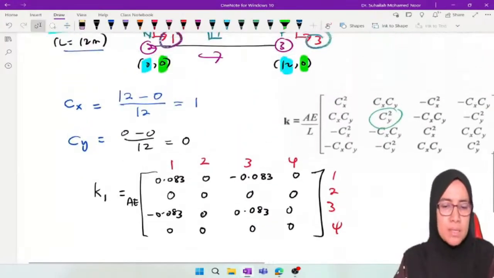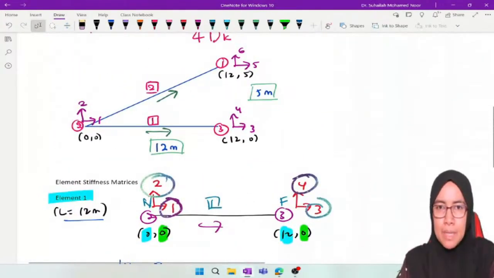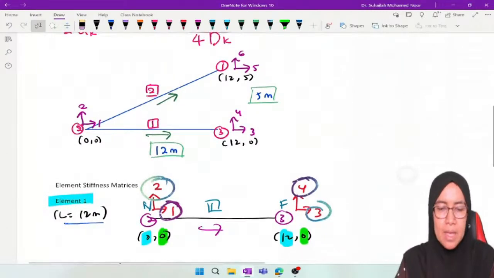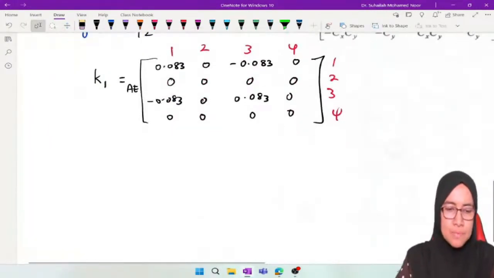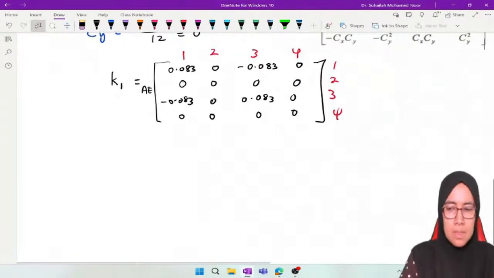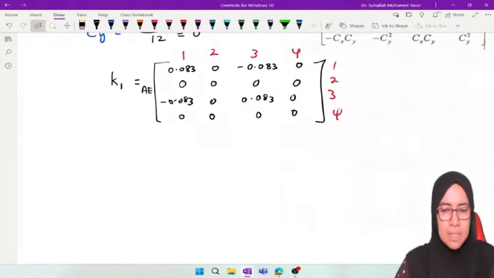Next, we want to move to element number 2. So I want to extract now element number 2.